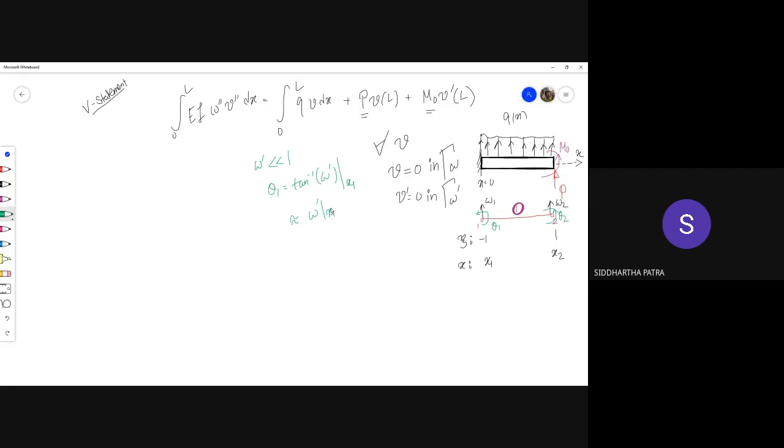Okay, because you see this is much smaller than 1, the absolute value of it rather. And this is also the same reason why we say that the radius of curvature, which is 1 plus W prime squared to the power 1.5 divided by W double prime, is also 1 by W double prime, hence everything associated with the Euler-Bernoulli beam theory. So this is how we represent this. Okay, and similarly goes V.